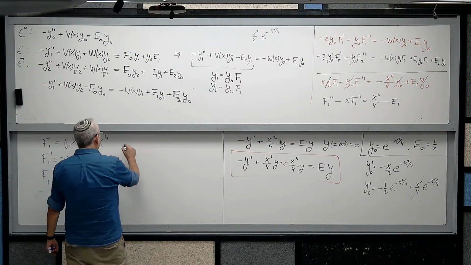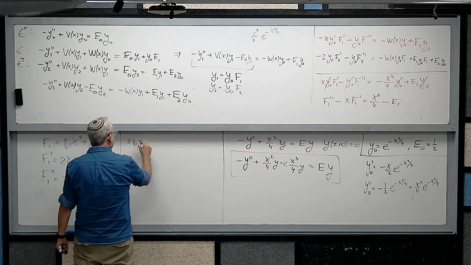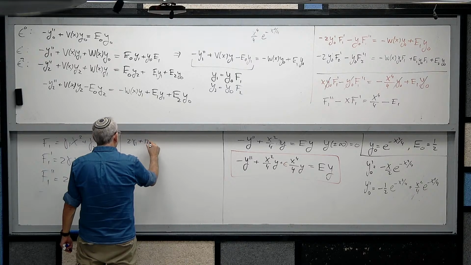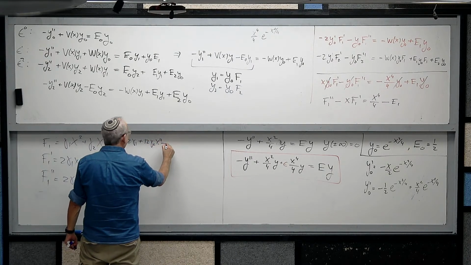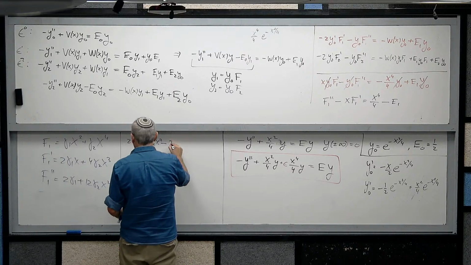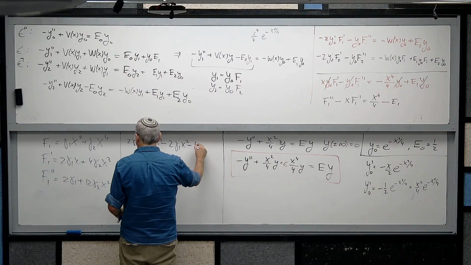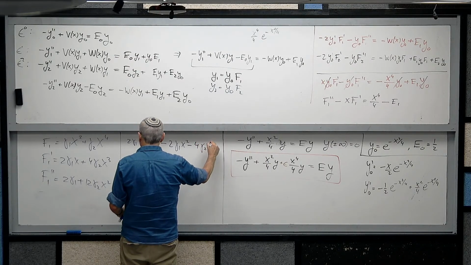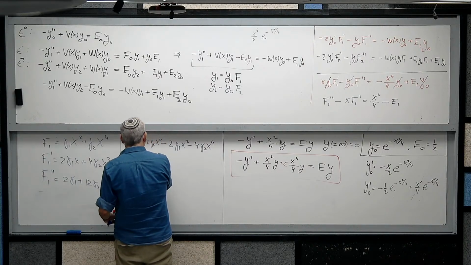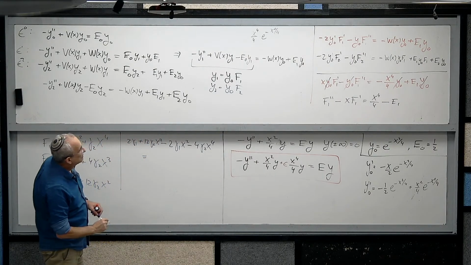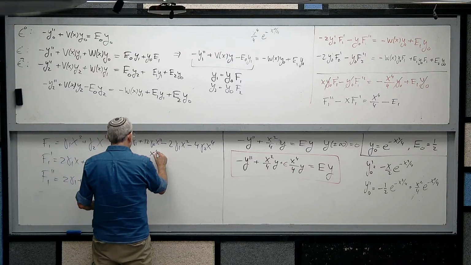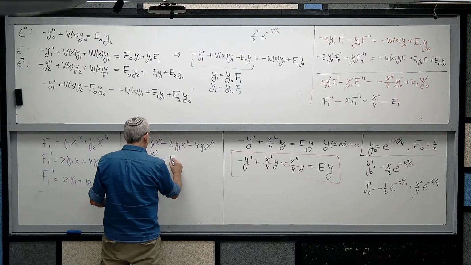I have f double prime is 2 gamma 1 plus 12 gamma 2 x squared, minus x f prime is 2 gamma 1 x squared minus 4 gamma 2 x to the 4. This must be equal to x to the 4 over 4 minus E1.